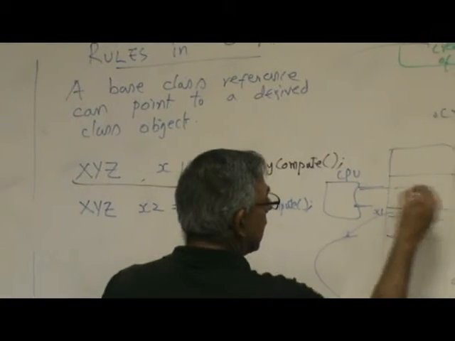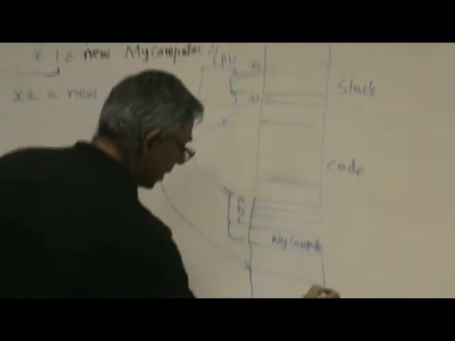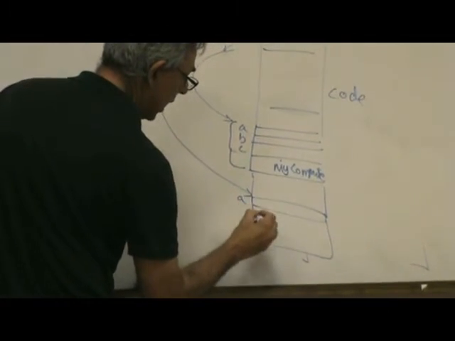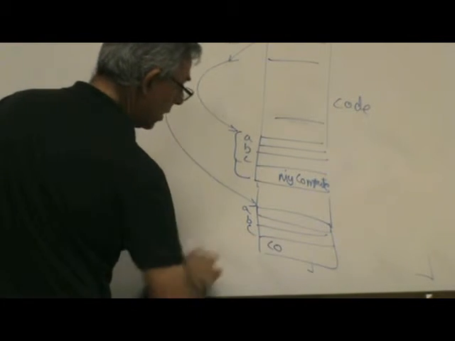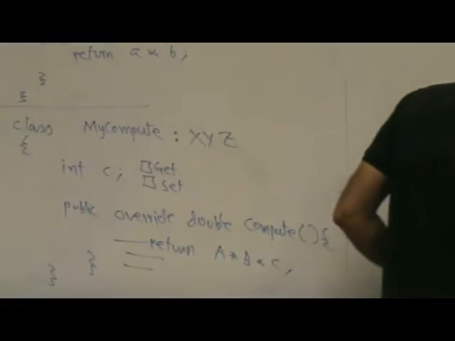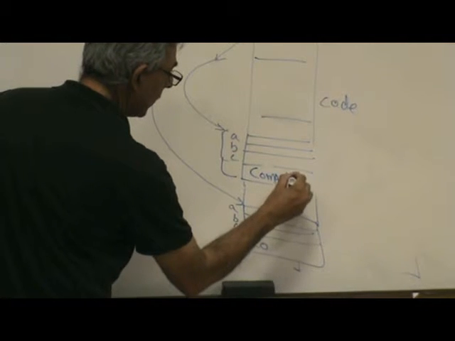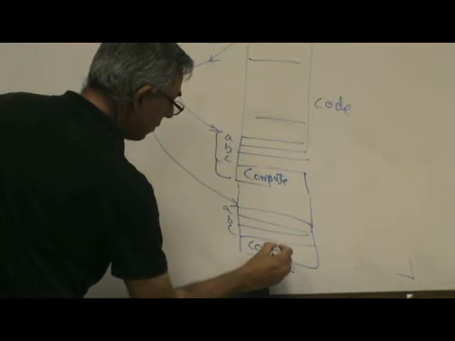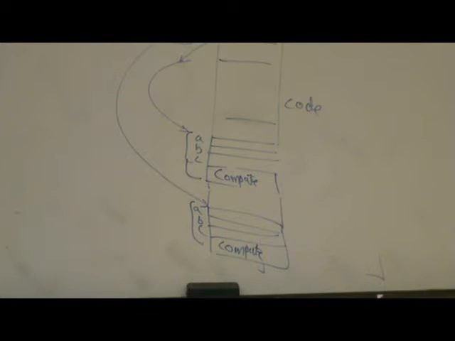What will x2 look like? x2 will look like, again, there will be A, B, C, and the code for compute. So what's the code in the compute?